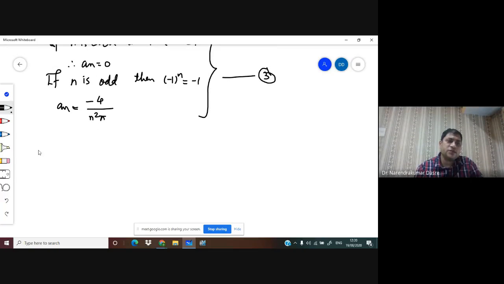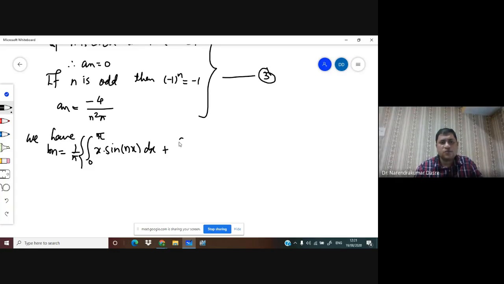Okay, and hence we have bn is equal to 1 upon pi integral 0 to pi x sine of nx dx plus integral pi to 2 pi, 2 pi minus x into sine of nx dx.